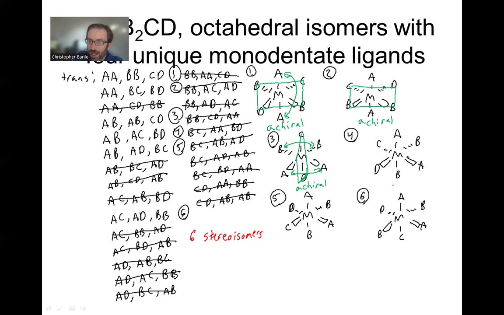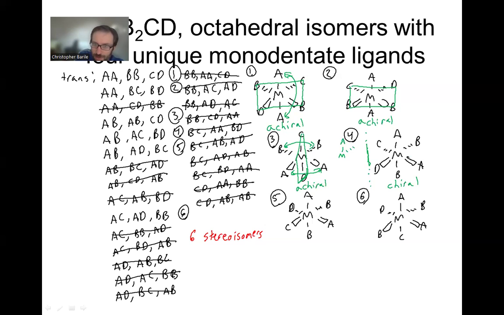Structure 4, you can look at this for a while, but it actually doesn't have a mirror plane. We have these cis A's and cis B's, but they're not in the same square plane like that. So that one's going to have a left-handed and a right-handed version. And we can actually write the other version if we want. So this is sort of our mirror plane now here, and we could draw that structure.